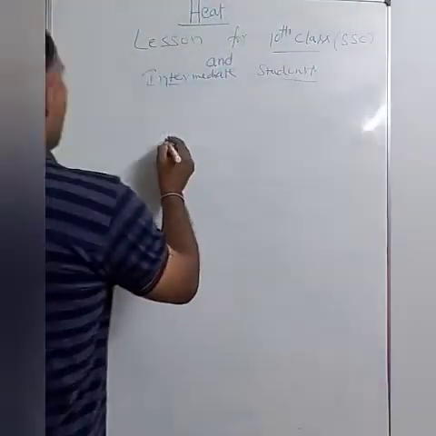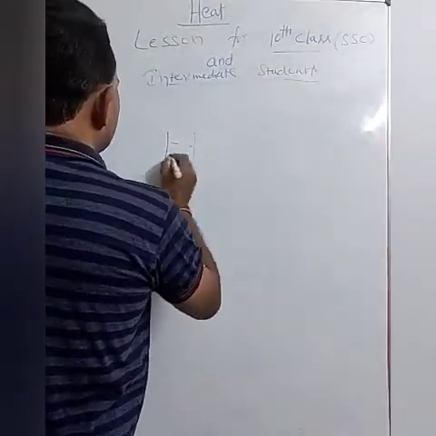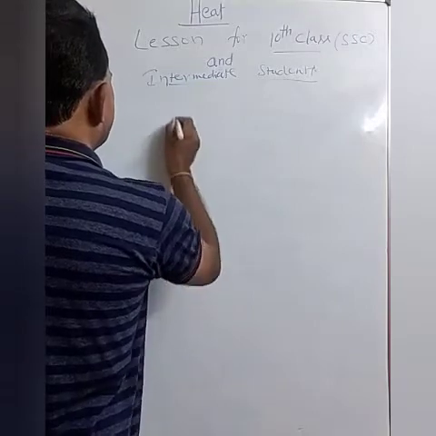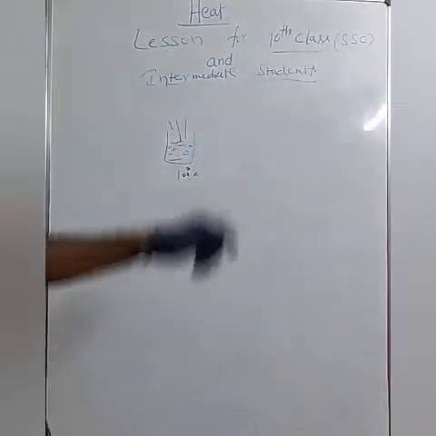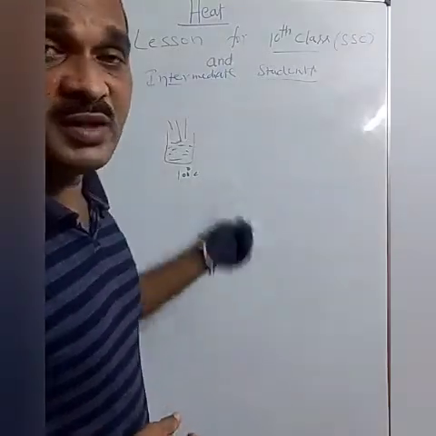If suppose by doing a small activity, we'll understand easily. If you take a cup of coffee or tea, initially it is at 100 degrees centigrade. You can use a thermometer also for finding this.